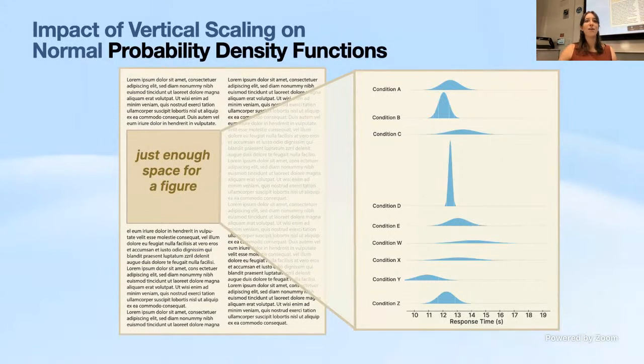Well, we all are data visualization experts. One thing we might realize is that PDF plots encode statistical information, including standard deviation with their width and mean with their positioning along the x-axis.